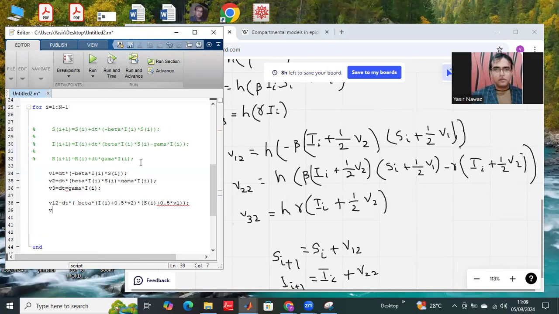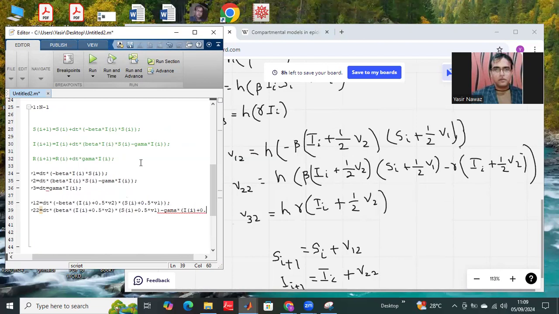So V22 is equal to dt multiplied by beta, I at i plus 0.5 V2, S at i plus 0.5 V1, minus gamma, I at i plus 0.5 V2.